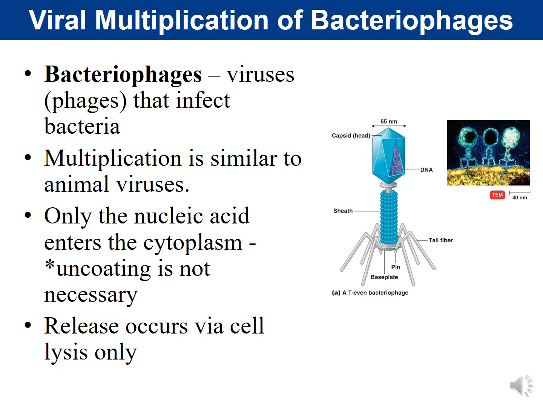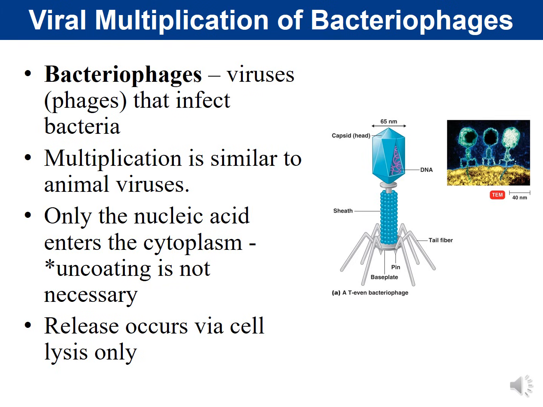In a phage, we have our protein capsid head, and within that is the nucleic information, in this case the DNA. It has the sheath and it has the tail fibers. And so remember that in the animal cell multiplication, the capsid actually enters into the cell and then undergoes uncoating. In phage, though, the capsid never enters the cell.